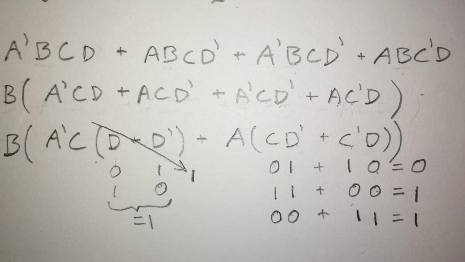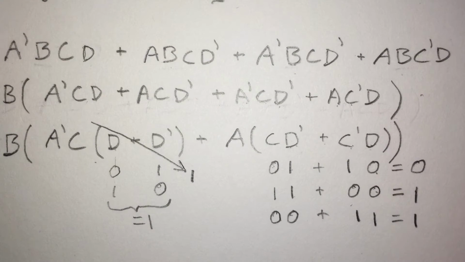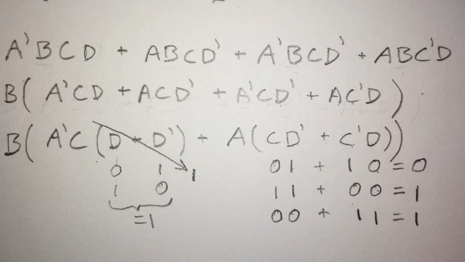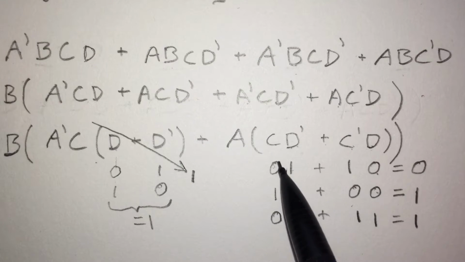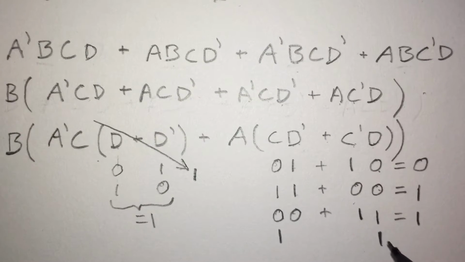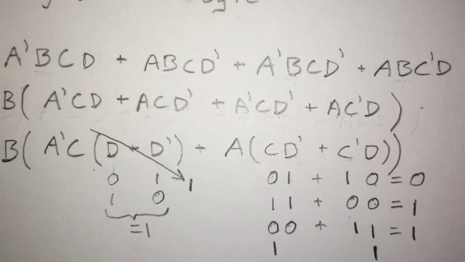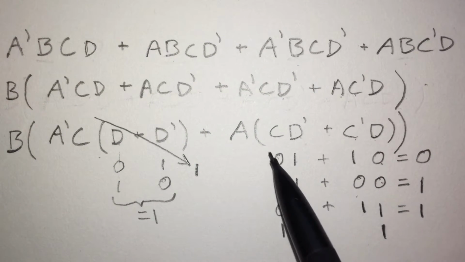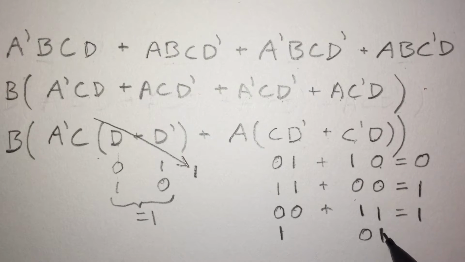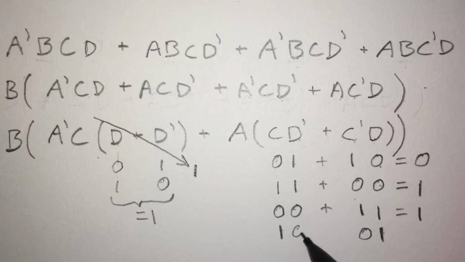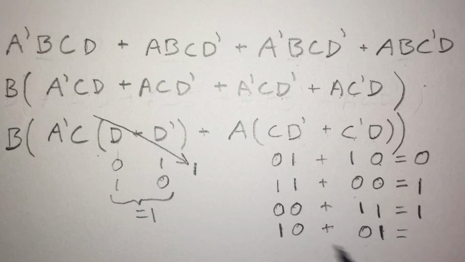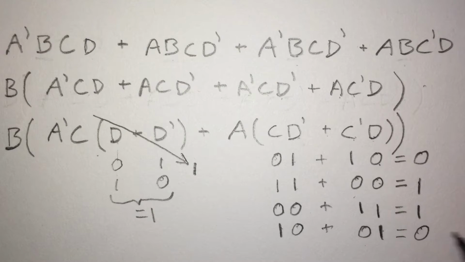And when I say variables, I mean, the term is interchangeable with lines once you get into hardware. We want C and D to both be 1. But if C is 1, C naught will be 0. If D is 1, then D naught will be 0. And this whole statement will evaluate to 0.